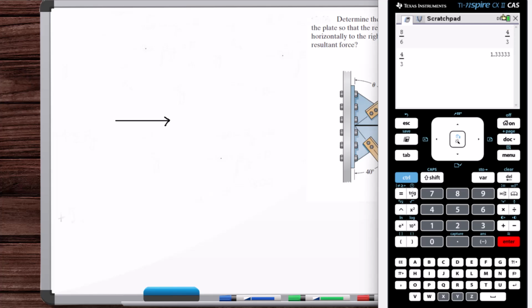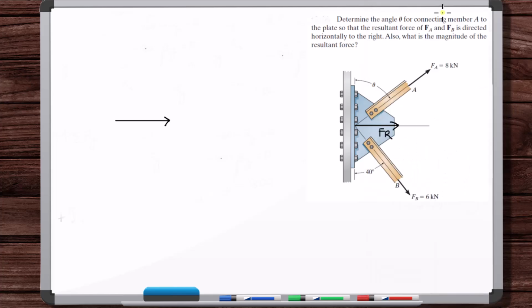FB is 1.33 times as long as FA, or FA is 1.333 times as long as FB. So about a third of the length of this vector. So this is half of the length. Let's break it up into thirds. So about right there. Okay.